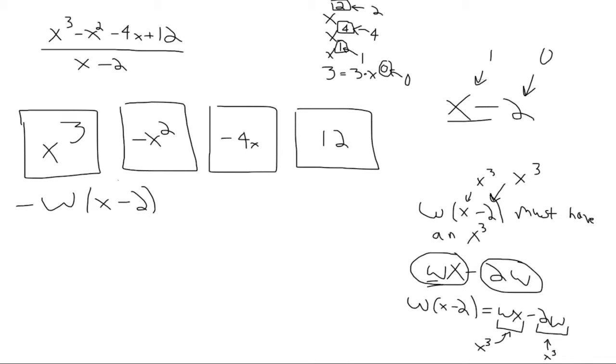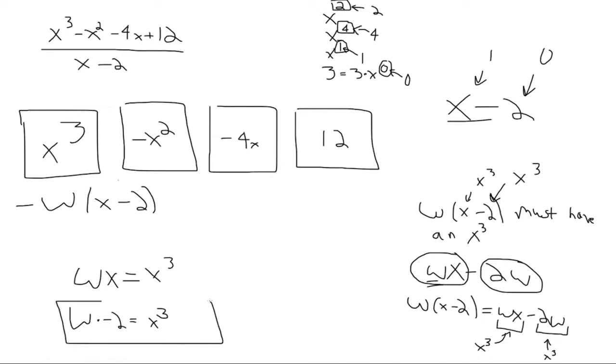If we made it so that w times x is equal to x cubed, so wx equals x cubed, or we could make it so that w times negative 2 equals x cubed, right? We could do either of those. But they will make two different binomials depending on which path we take, right?